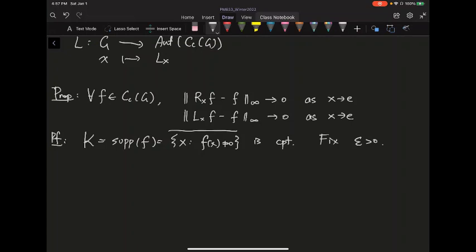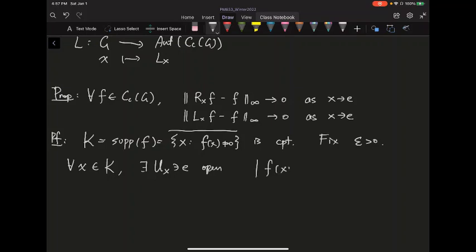All right. So if I consider every x inside K, then because f itself is continuous, there exists an open neighborhood, let's say U_x, an open neighborhood of the identity, so that the following happens.